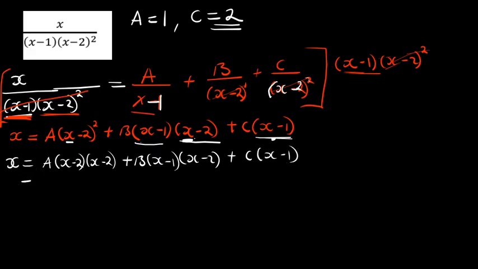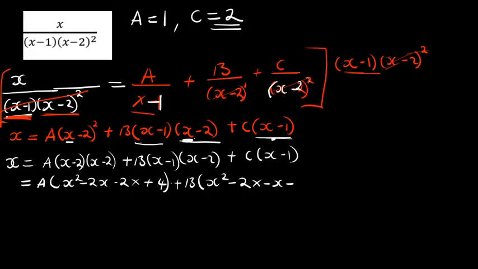So let me expand. I'll do a there, then x times x is x squared, then minus 2x, then minus 2x, then positive 4, plus b, then x times x is x squared minus 2x minus x, then plus 2, plus c there, then x minus 1.